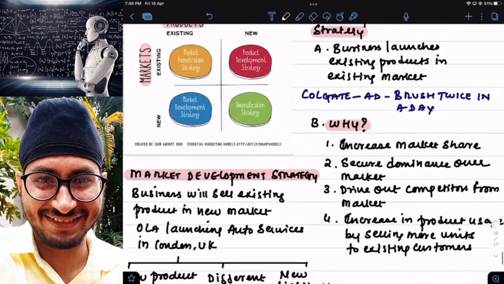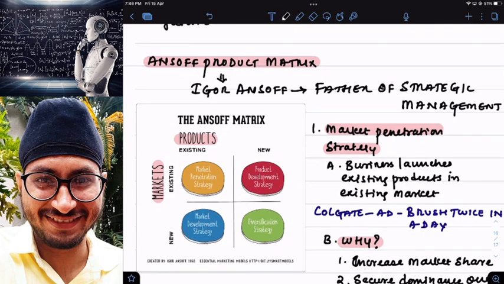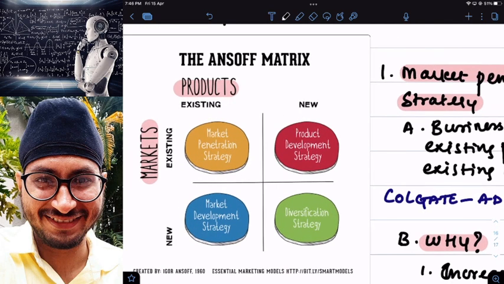Clear? So let us revise. Now see this chart and tell. When a company launches a new product in a new market, what type of strategy is it? Diversification. Next, I am launching a new product in an existing market. That is called product development.